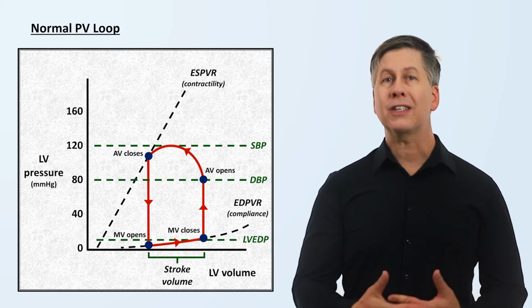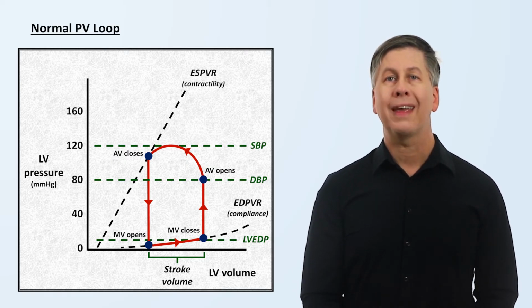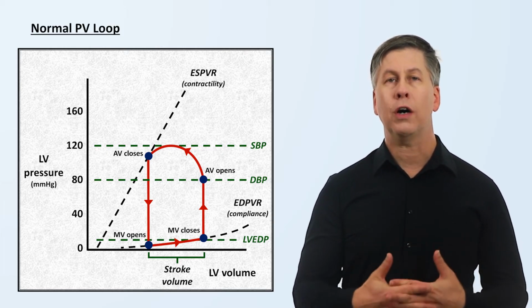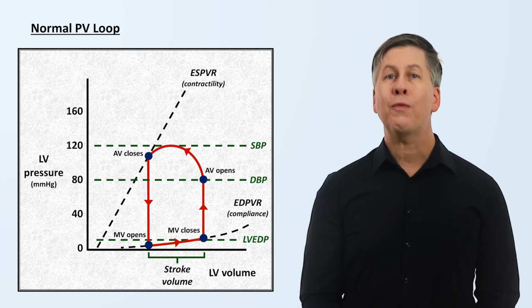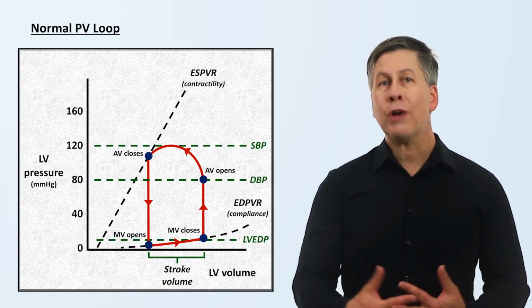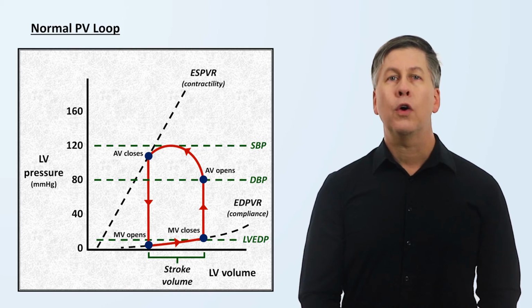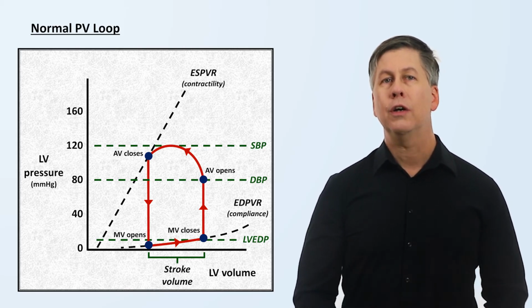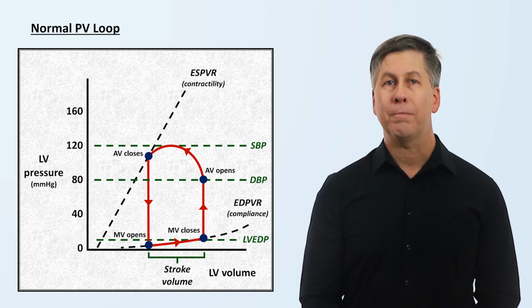We can identify systolic and diastolic blood pressure, as well as the left ventricular end diastolic pressure. And last, we can directly visualize the stroke volume. Although theoretically, PV loops can be constructed for the right side of the heart, when you see a PV loop, it is almost always a representation of what is happening on the left.